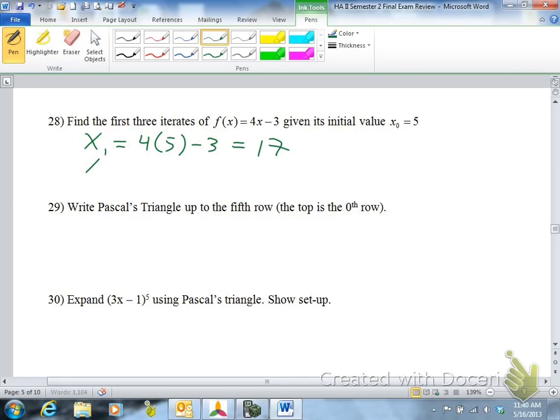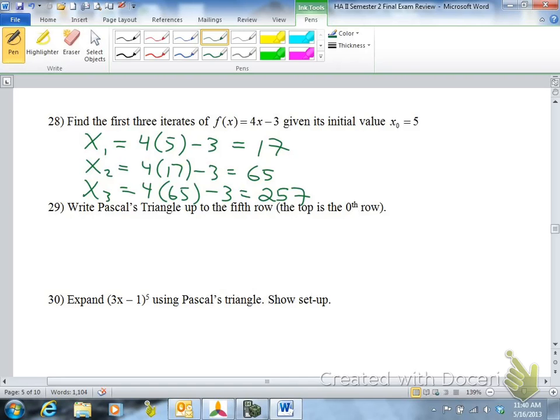To find the second iterate, you plug 17 in and you get 65. To find the third iterate, you do 4 times 65 minus 3, which is 260 minus 3. So those are the first 3 iterates.